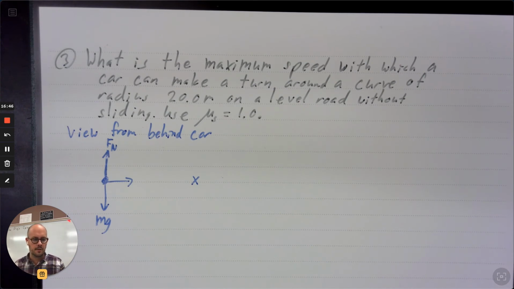The force of static friction has to be strong enough to hold the tires on the road. And the force of static friction can only point in one direction at a time. In this situation, as soon as you turn your wheels, you are changing the direction of static friction.